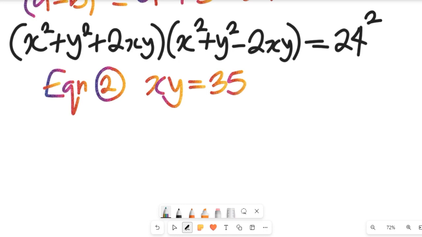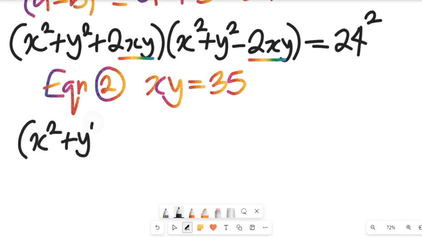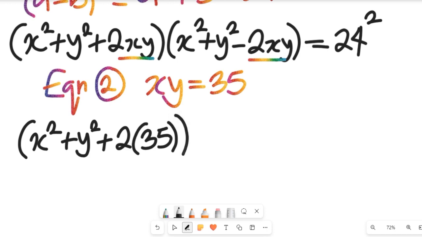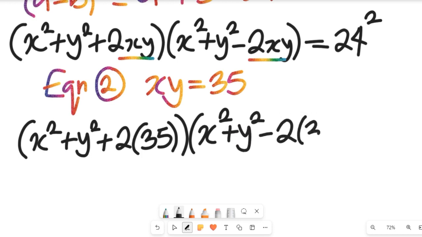So we are going to insert the value of xy into this expression. We'll have x squared plus y squared plus 2 multiplied by 35, multiplied by x squared plus y squared minus 2 multiplied by 35, equal to 24 squared.